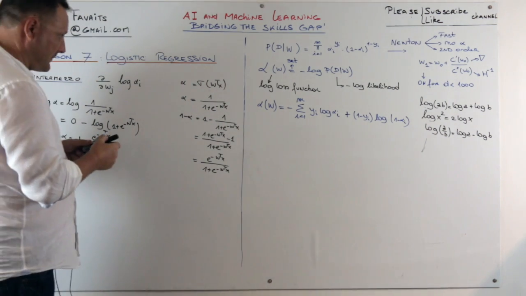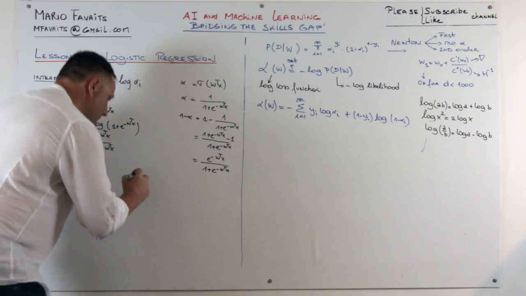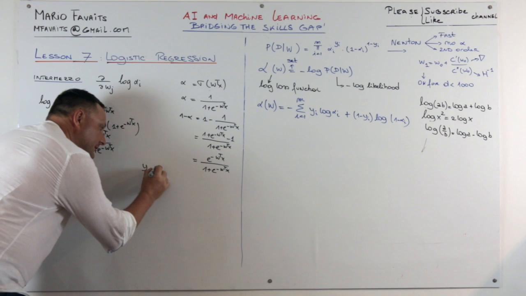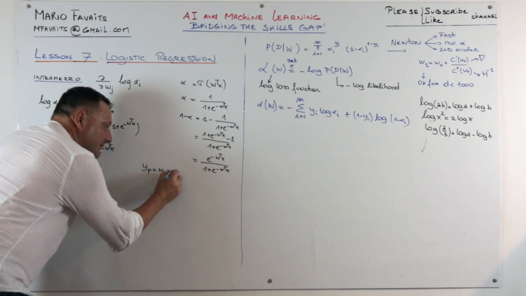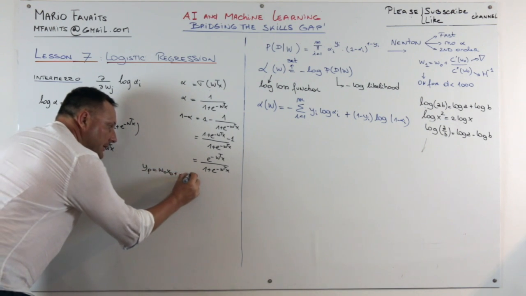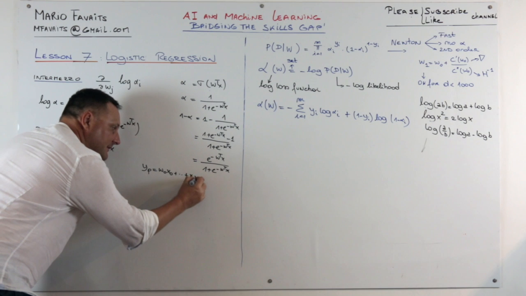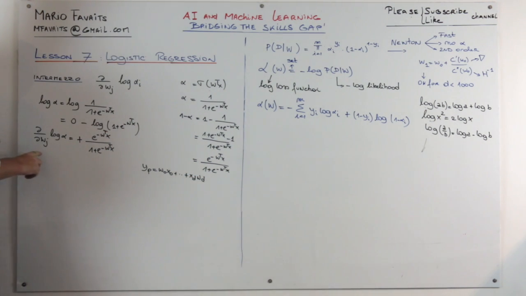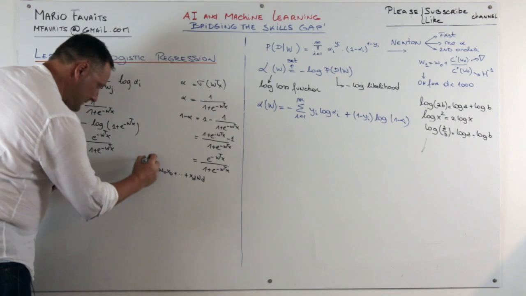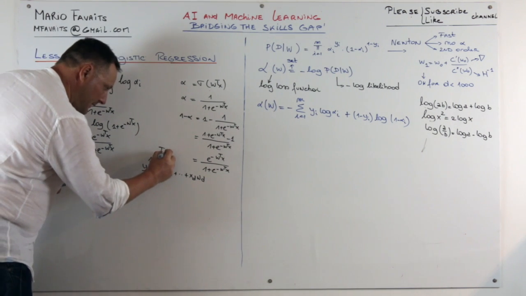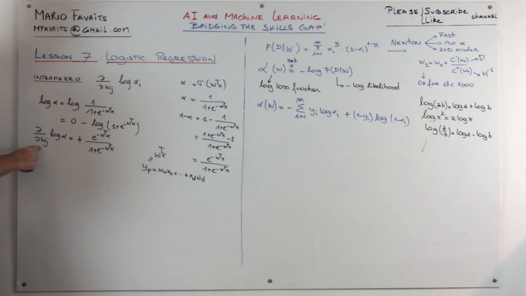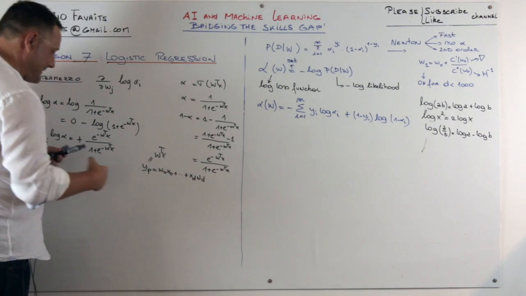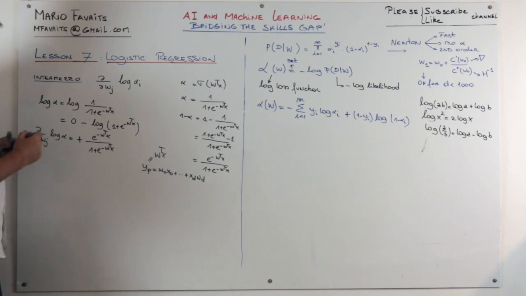Remember that y predict is w0 x0 plus all the way down to xd wd. Remember? So this is w transpose x, and when we take the derivative with respect to wj, all of this will become 0 except the xj.